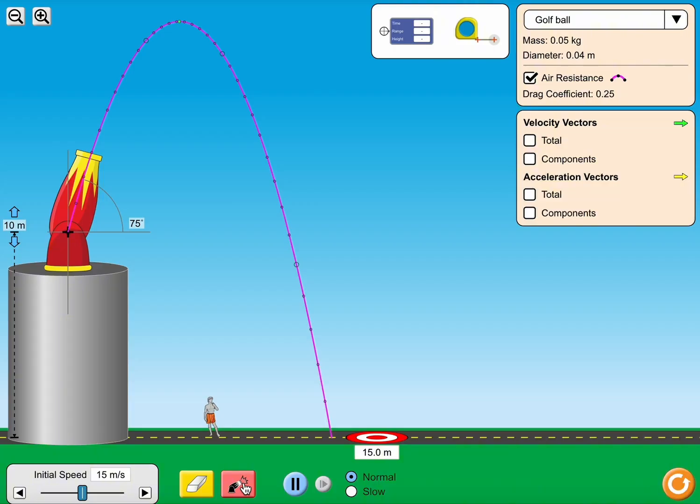And now we didn't hit the target, so we will need a less pronounced angle if we want to hit the target with the same initial velocity.